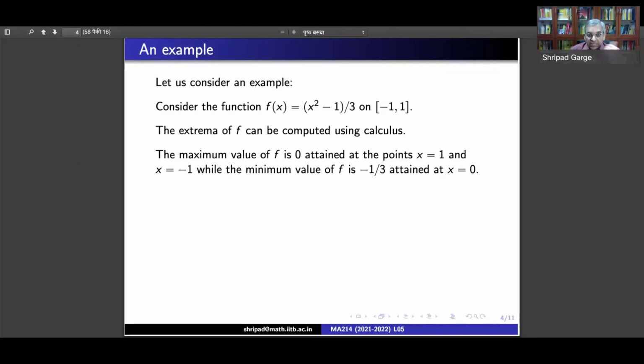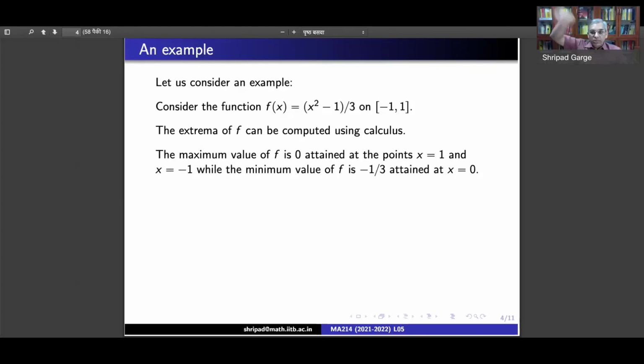So one sees that the maximum value is 0, which is achieved at both 1 and minus 1. At both the ends the values are 0, and the minimum value is minus 1 by 3 attained at x equal to 0. So it will look like a part of a parabola which is shifted slightly below.